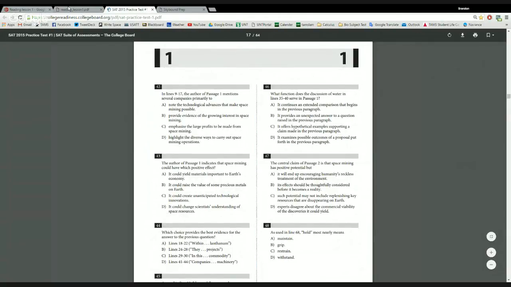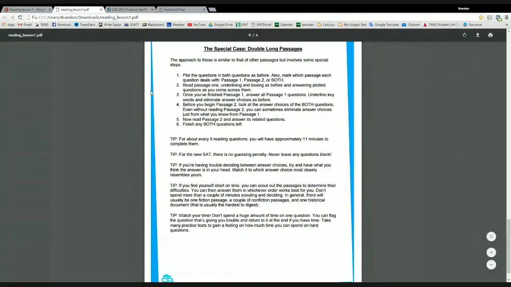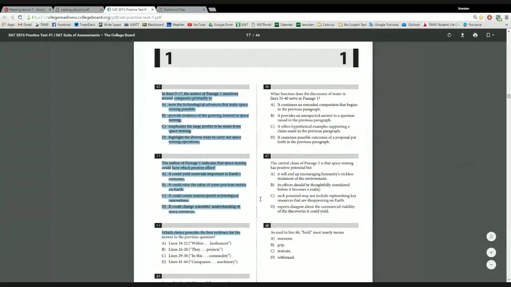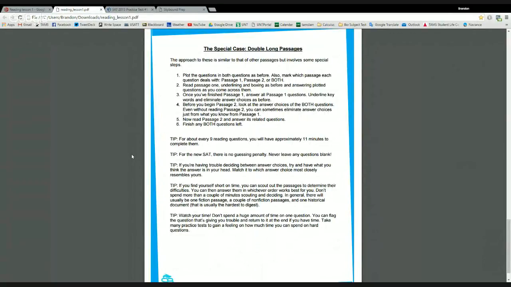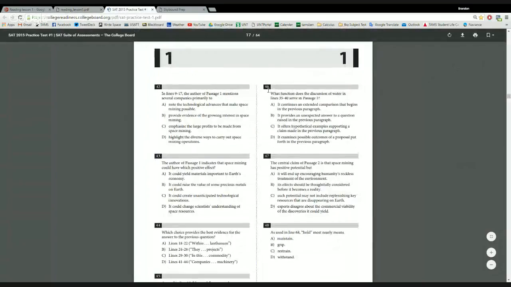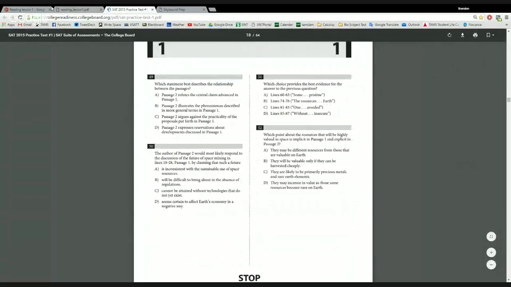Once you've done that, you pause the questions. You want to read passage 1 and answer all the questions pertaining to it. Now, before you start working on passage 2, you can actually go to the both questions and eliminate what you already know from passage 1. After that, you go to passage 2, read it, answer all the questions pertaining to passage 2, then answer all the both questions.